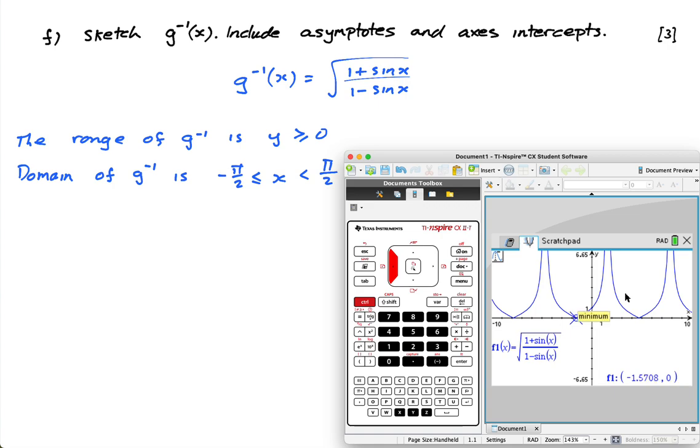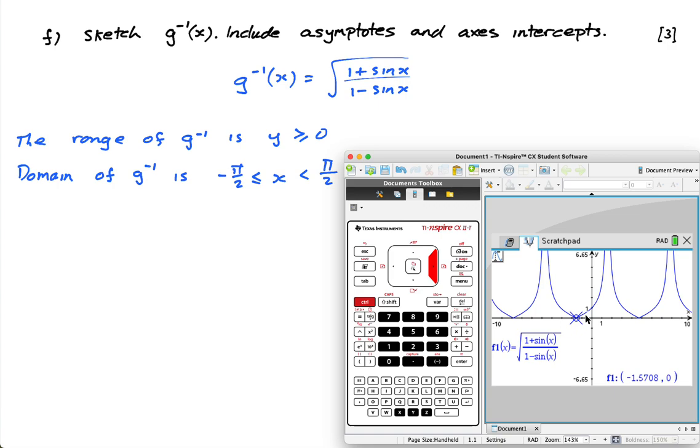Now you'll note, guys, this minimum here is negative pi over 2. So when x is negative pi over 2, g minus 1, or the graph, is 0.